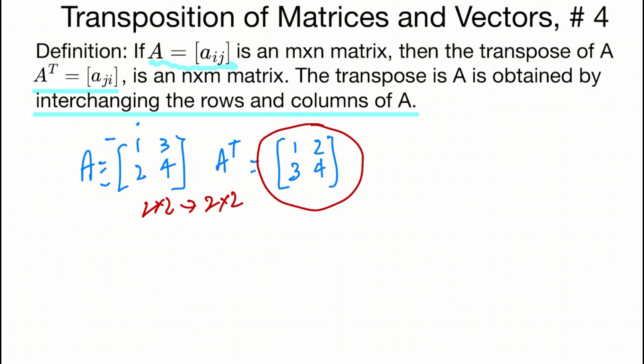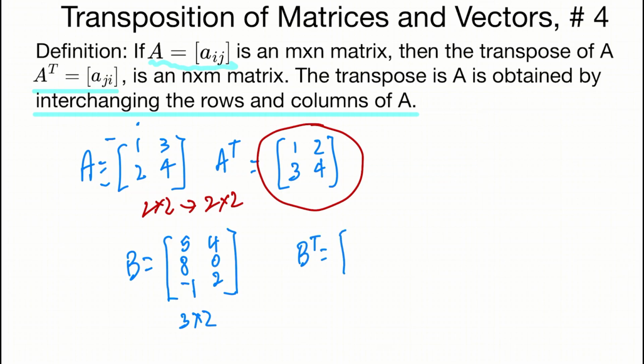Now let's look at another example. Let B be equal to 5, 8, minus 1, 4, 0, 2. Now that is going to be a 3 by 2 matrix, 3 rows, 2 columns. B transpose, interchange rows and columns. So the first row, 5, 8, becomes the first column.